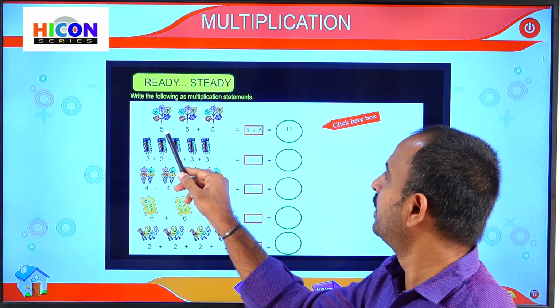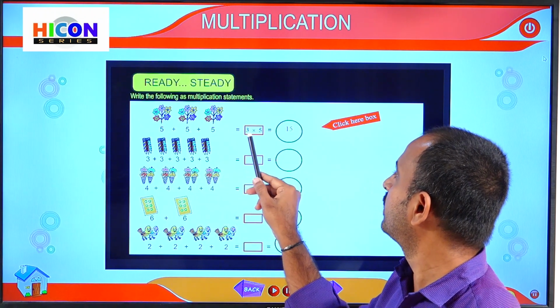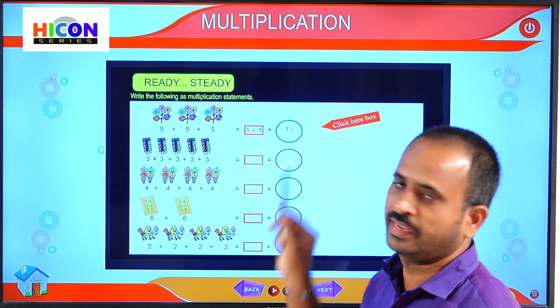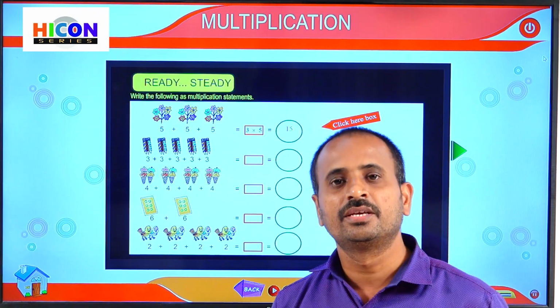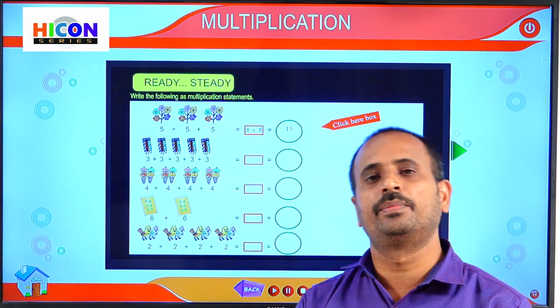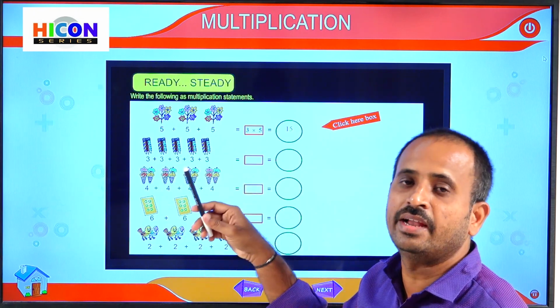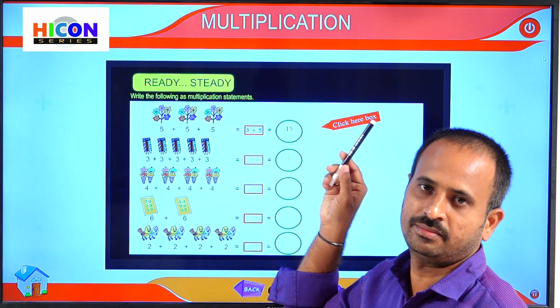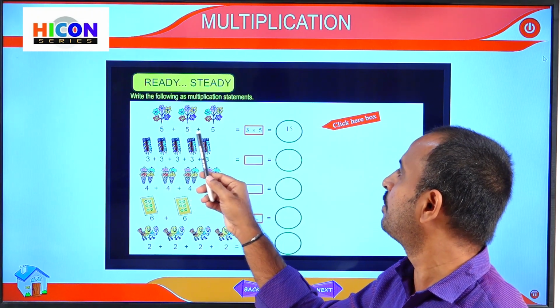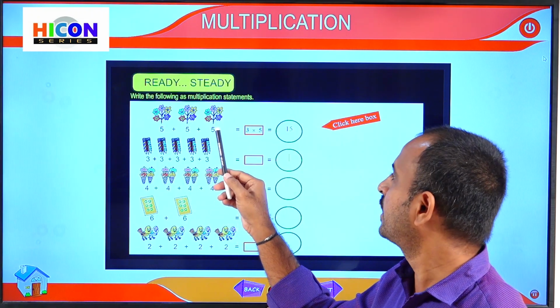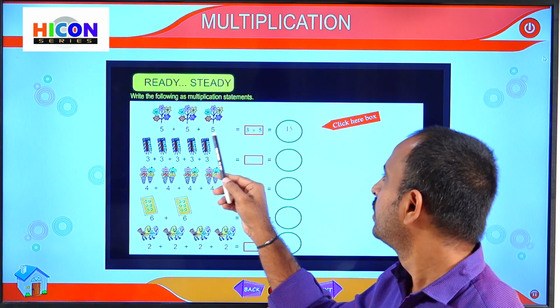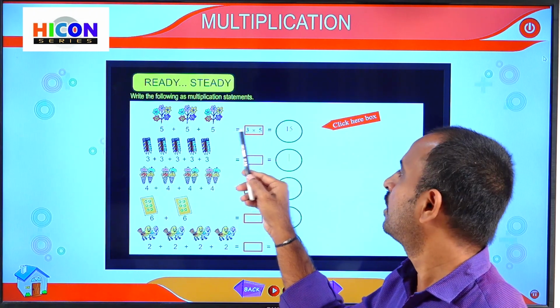So the repeated addition can be converted into multiplication like this. Repeated addition is called multiplication. If we add the same number repeatedly, we can convert that addition into multiplication like this.